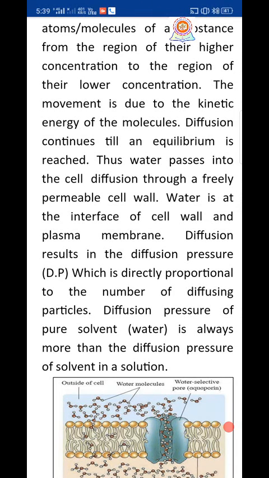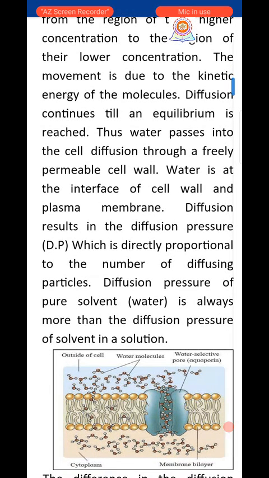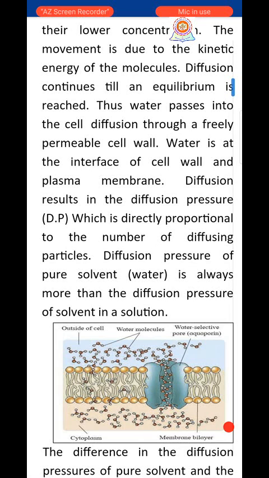The water outside the root hairs, in the soil, has a higher concentration than the water inside the roots or root hairs, and because of that the water molecules move towards the lower concentration, because they have kinetic energy and the movement occurs due to that energy. When equilibrium is attained, the diffusion stops.